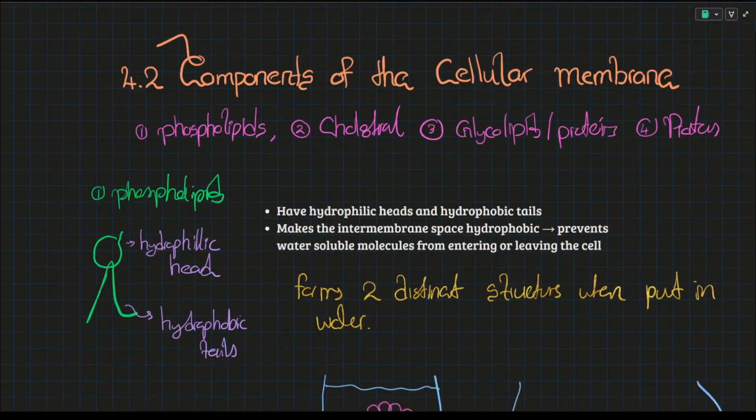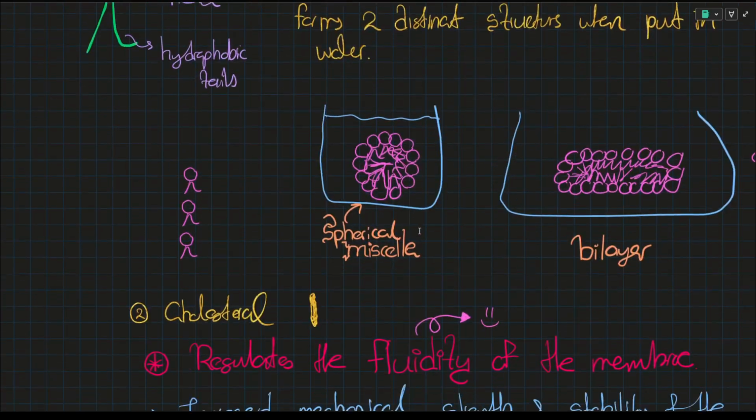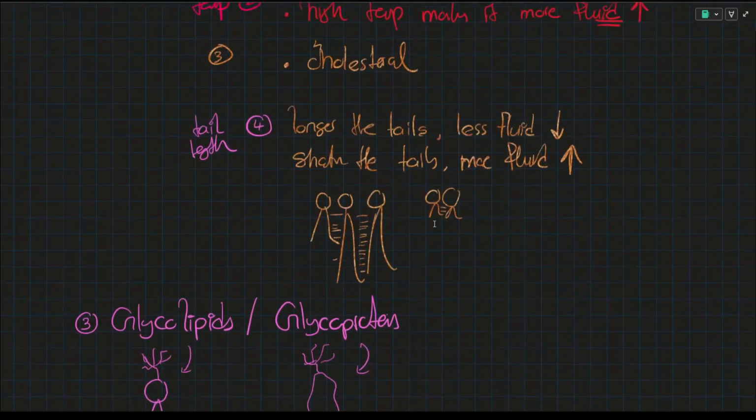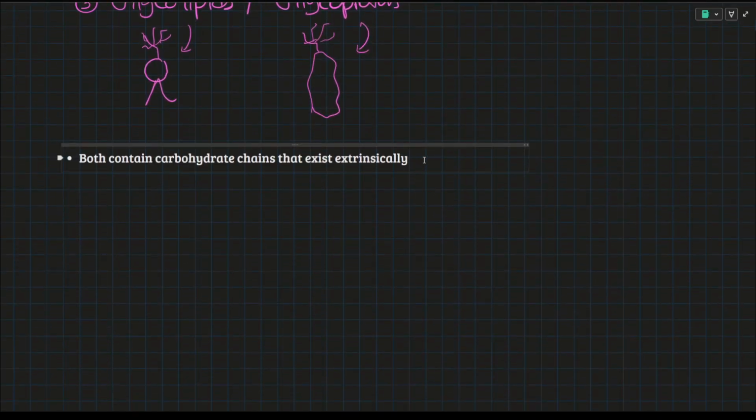That's unit 4.3. We're still under 4.2, understanding the morphology of the cellular membrane. So both contain carbohydrate chains that exist extrinsically, which enable them to act as receptor molecules. Receptor molecules for what?